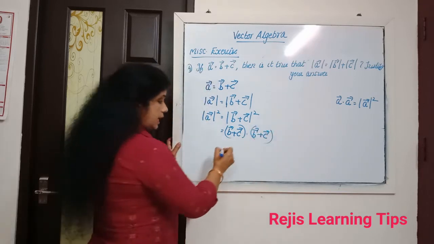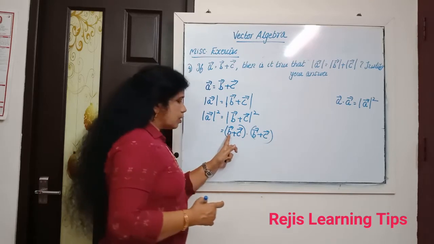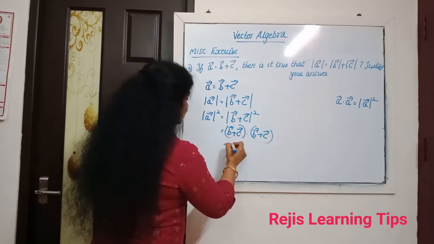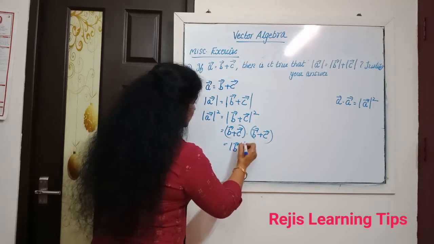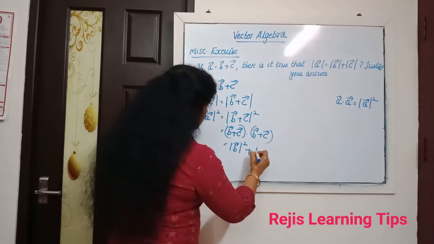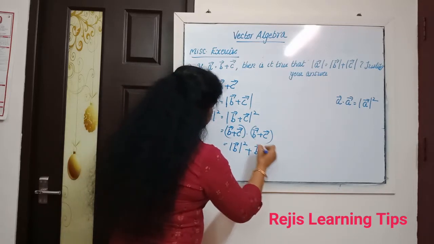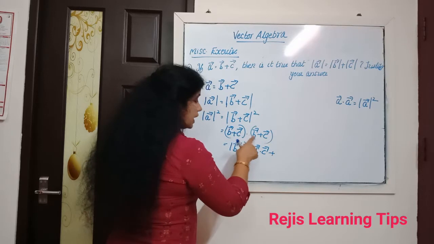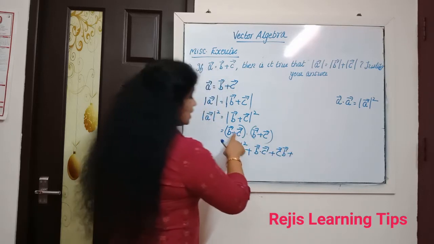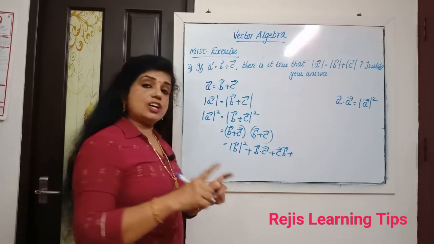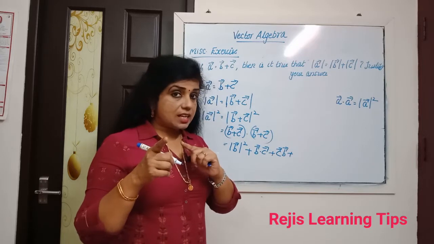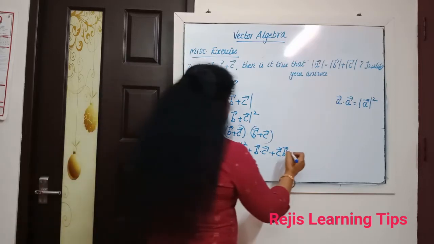Then what is vector B dot vector B? Correct, that is modulus of vector B square, plus B dot C, plus C dot B, plus C dot C. Vector C dot vector C is modulus of vector C square.